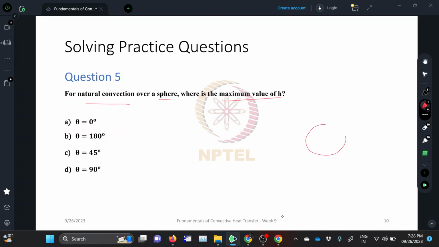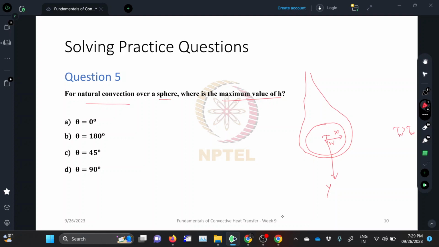So what I mean is simply this. I have a hot sphere which is at a higher temperature than the ambient. There is a convection current being set up this way, and I'm measuring theta this way. So I call this y and this is x.